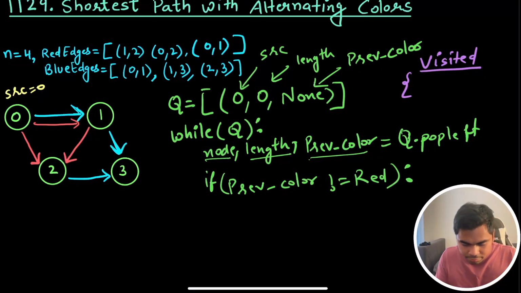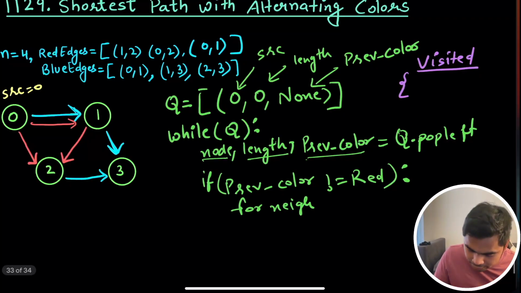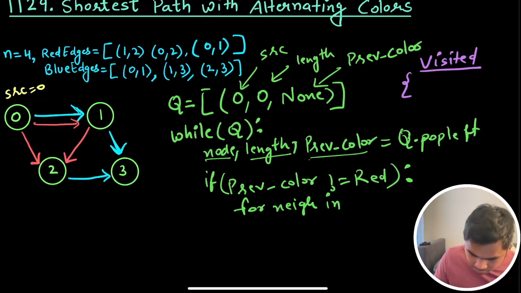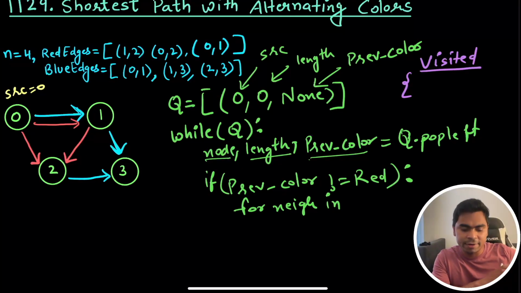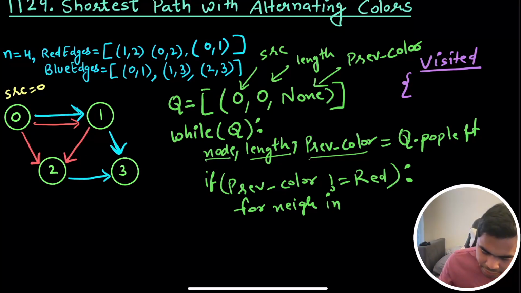Now it's none, but it's going to execute this. So for neighbor in, using these red edges and blue edges, we will create their own graph adjacency list. I forgot to mention that, but I guess so far we already know those are our first basic steps.